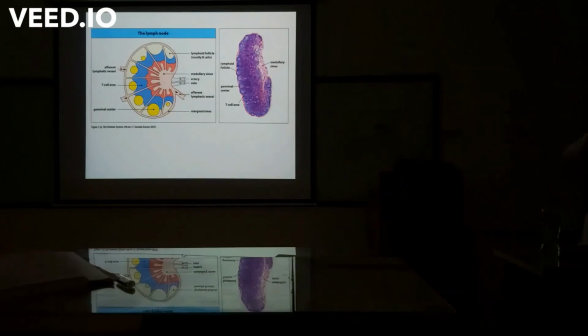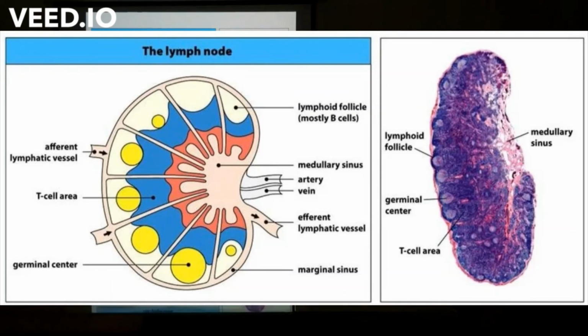Okay, from the connective tissues, they are going to take the pathogens into the afferent lymphatic vessels, and these afferent lymphatic vessels are going to drain that pathogen into this particular structure, which is known as the lymph node.